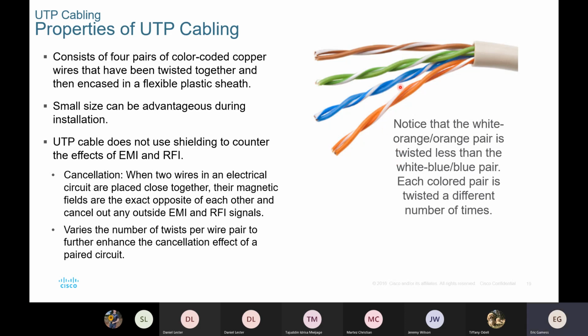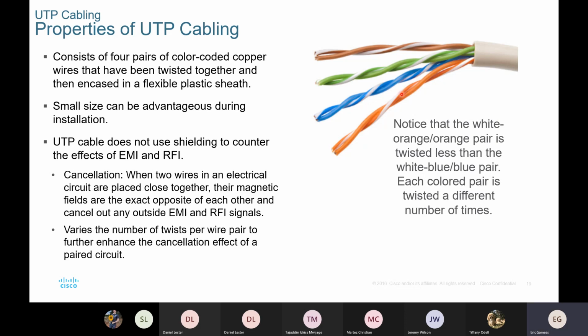If you look at this image, look at the step that is used for the blue cable. You see, from here to here, the distance is small. From here to here, the distance is small. From here to here, the distance is small. If I look at, for example, the bright brown cable, from here to here, the distance is much bigger. From here to here, the distance is much bigger. So we twist the four pairs today, but with different steps.